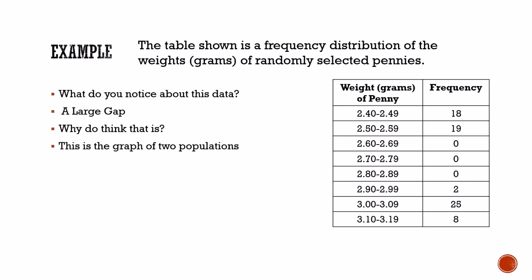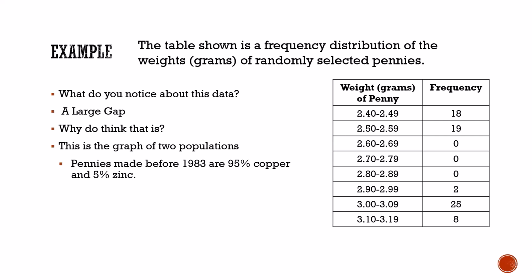What happened is, not everyone knows this. They always tell you pennies are made out of copper. You're wrong. That used to be the case before I was born, up until 1982. They made pennies 95% copper, 5% zinc.